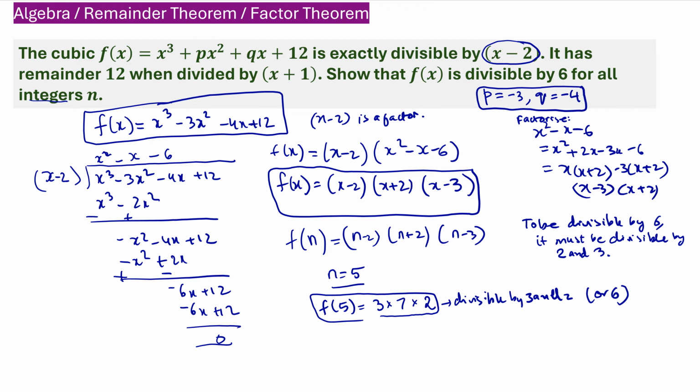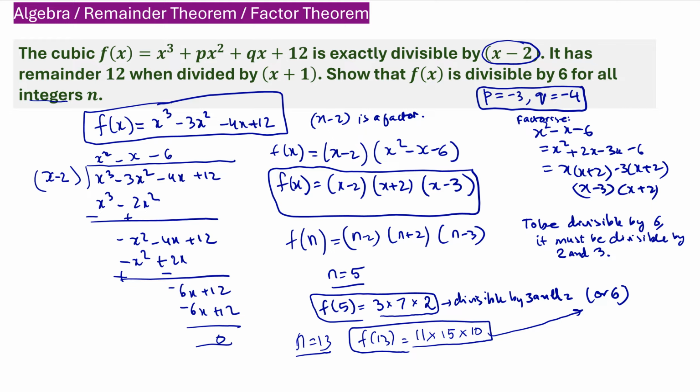So if n is 13, then f of 13 would be 13 minus 2, that is 11, multiplied by 13 plus 2, that is 15, and multiplied by 10. Once again, this is divisible by 6, because 3 times 5 is 15, 2 times 5 is 10. So it's divisible by 3 and by 2, so by 6.